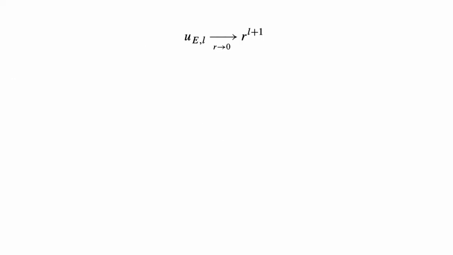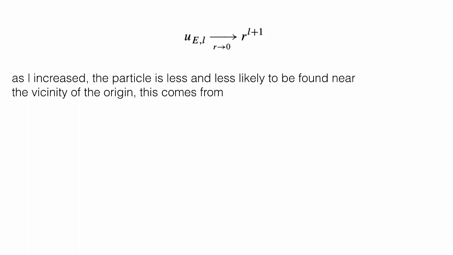Suppose now that u is going to behave as r to the power L plus 1 near the origin. That means that the larger the value of L, the farther away the particle will be. This is what this means, because if your power gets bigger and bigger, you can see that the value of u increases faster and faster.